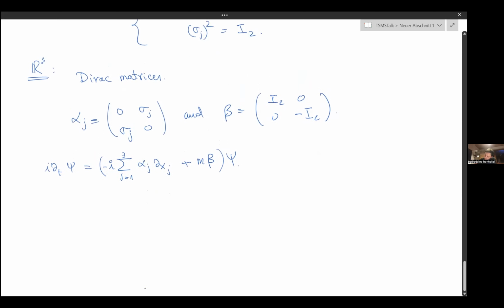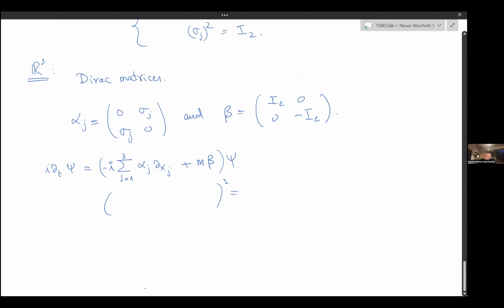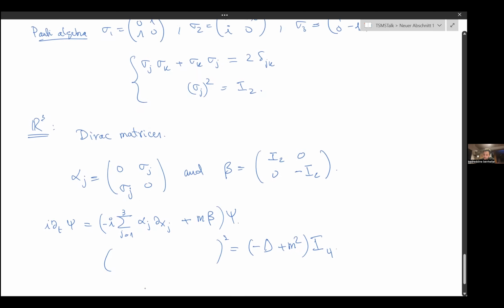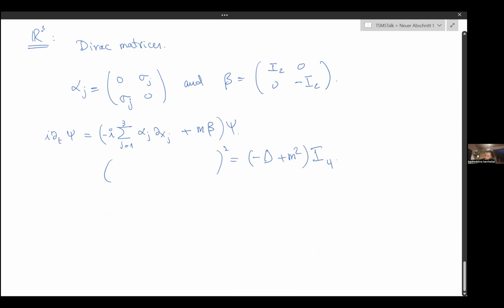And the square of this gives you minus Laplacian plus m squared times identity 4. And similarly to the Pauli matrices, because of this relation, you have the same property for the Dirac matrices: alpha j alpha k plus alpha k alpha j equals 2 delta jk.